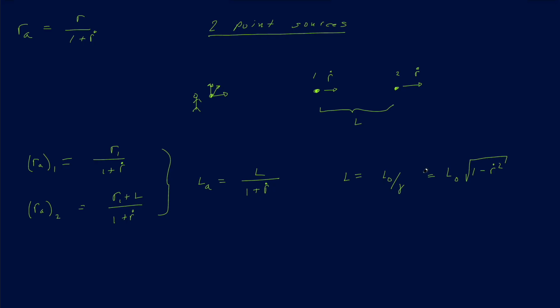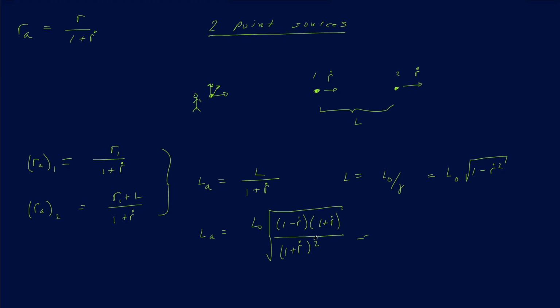So, okay? If we put this in here, we get L sub A equals L0, and I'm going to write this in a special way. I'm going to factor this. So it's going to be 1 minus R dot times 1 plus R dot. And we're going to divide this by, and I'm going to square this. That allows me to put the whole thing under a square root. So we're going to have 1 plus R dot squared, and I'll put the whole thing under the square root.